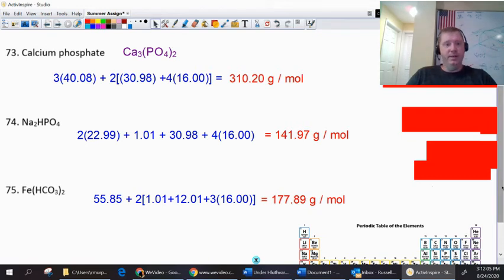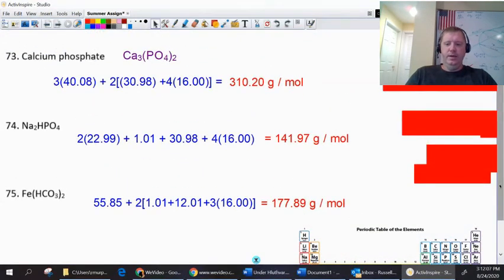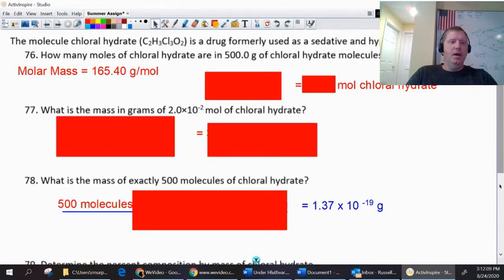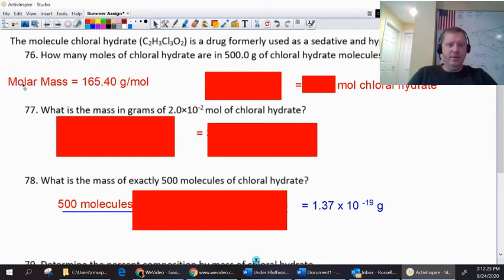And this was probably a pretty easy sheet for you. Let's go on. Let's see, chloral hydrate, a drug formerly used as a sedative and hypnotic. How many moles of chloral hydrate are in 500 grams of chloral hydrate? The first thing you have to do, of course, anytime you're dealing with moles, is probably figure out a molar mass.